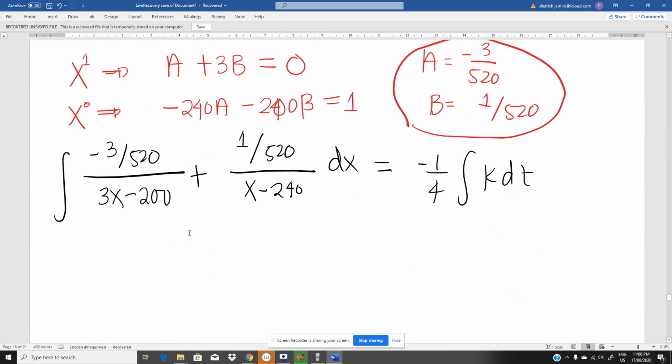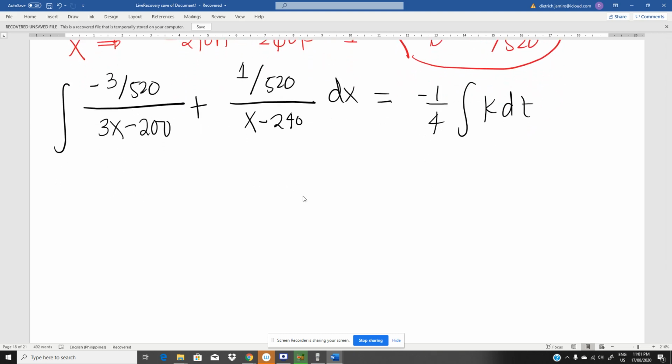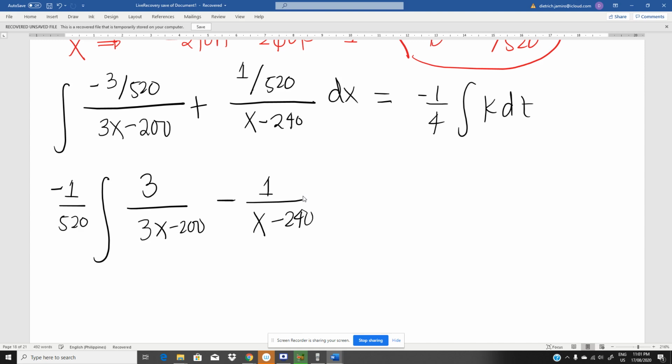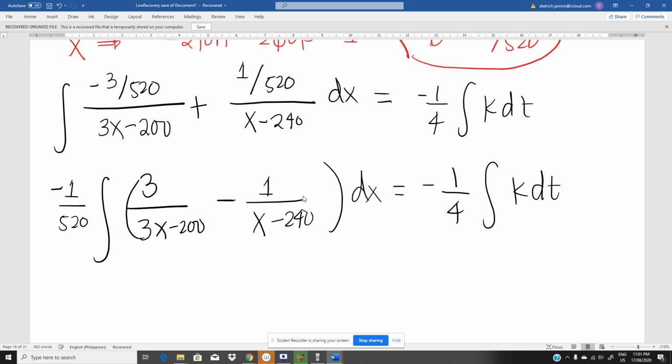First, I'll factor out 1 over 520. So we will have negative 1 all over 520 times the integral of 3 all over 3x minus 200, minus 1 all over x minus 240, dx, is equal to negative 1/4 integral of k dt.